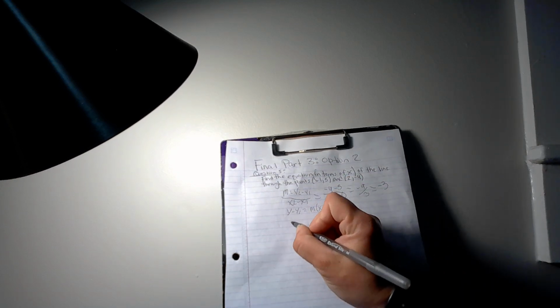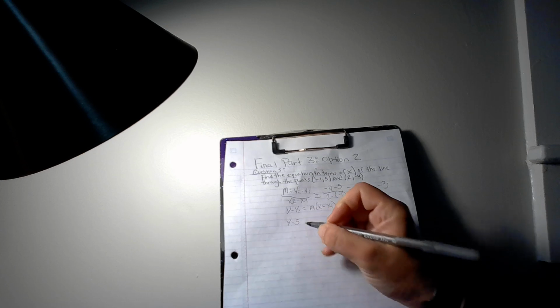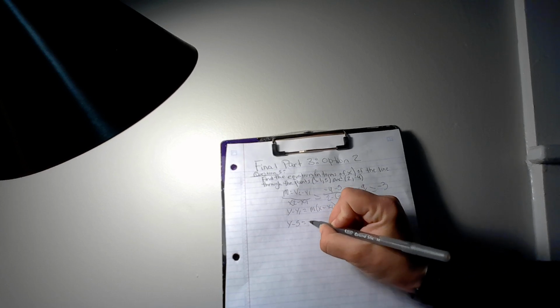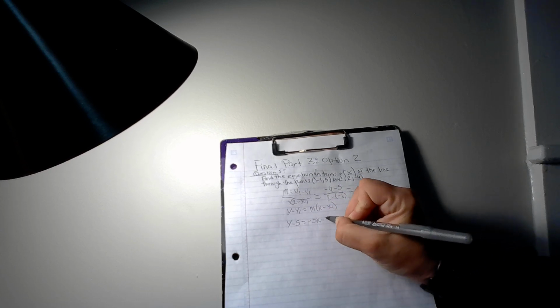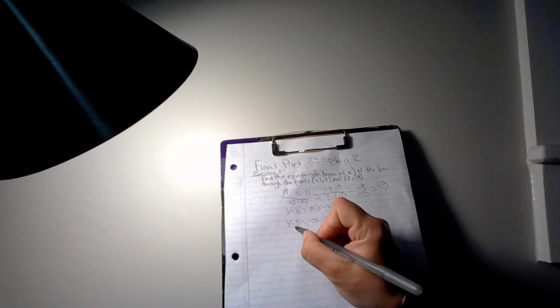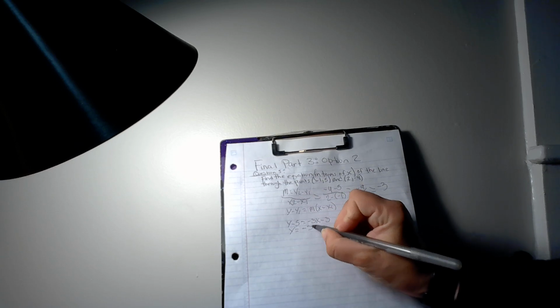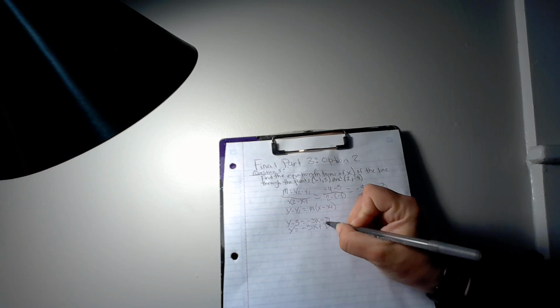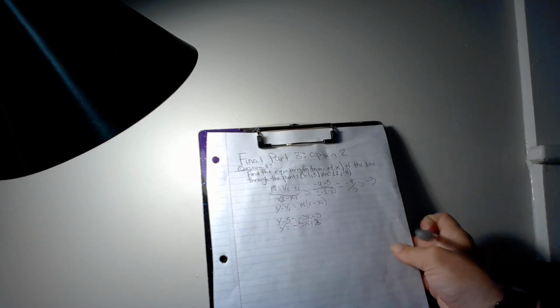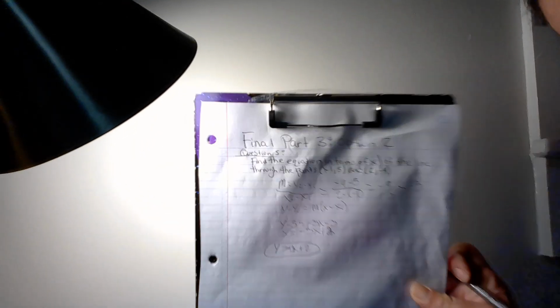So therefore, you would have y minus 5 equals -3x minus 3. So from there, you would get y equals -3x plus 2. And that would be the answer.